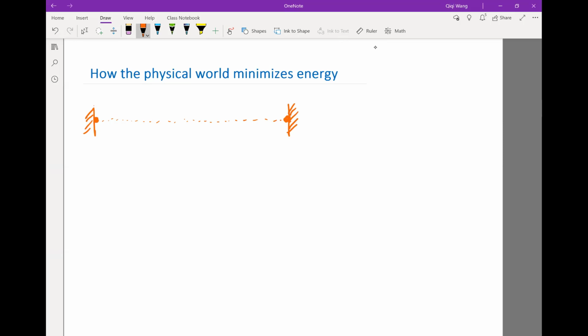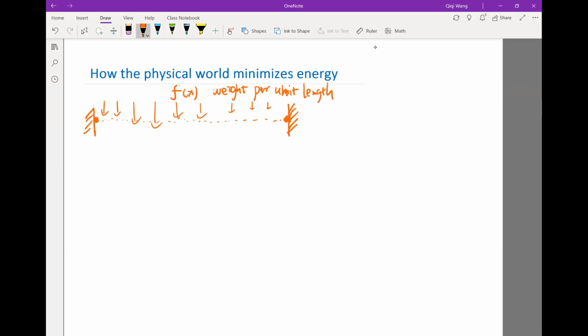Now, suppose I start to put a distributed load on the string. So I don't just hang one thing or a finite number of things on the string, but rather I'm going to pour some sand, let's say, over the string. So I have a distributed load. The load is a function of x. So f of x is the weight density, the weight per unit length.